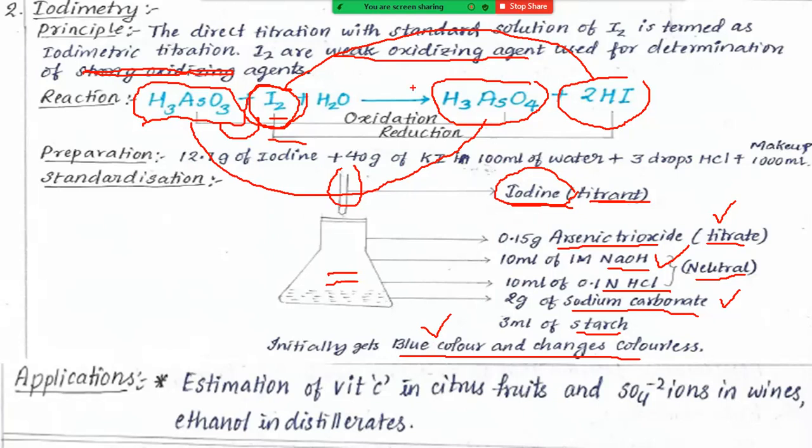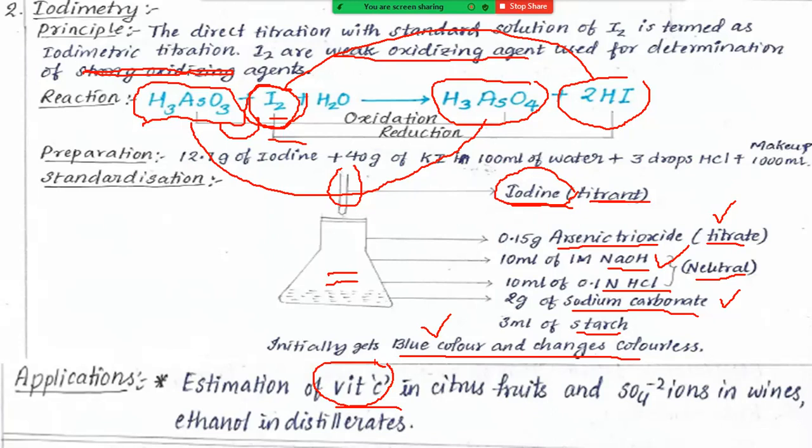And this iodimetry is useful for estimating vitamin C in citrus fruits. This is very much important. Why? Because vitamin C levels are high in citrus fruits. For example, if you take orange, it has 12.78 milligrams per 100 ml, so that means the vitamin C content present in orange is 12.78 milligrams, right?